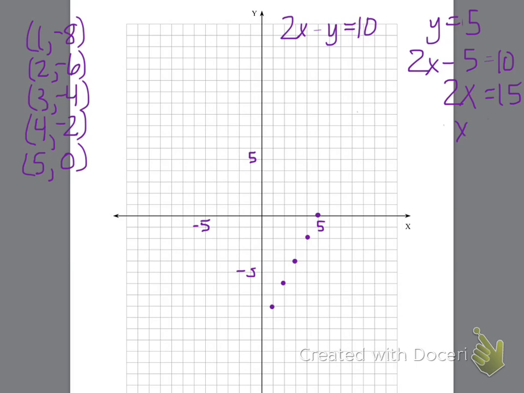And x is equal to 15 over 2, which is 7.5, right? So I'm going to find that y equals 5, x equals 7.5, and that point would be right there. A little bit high, but right about there.